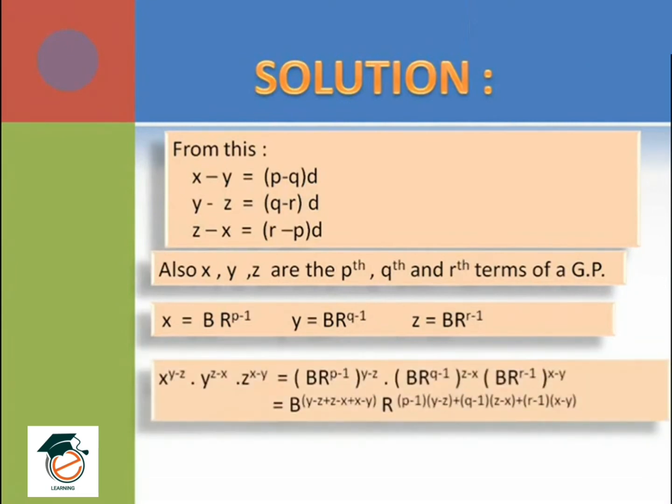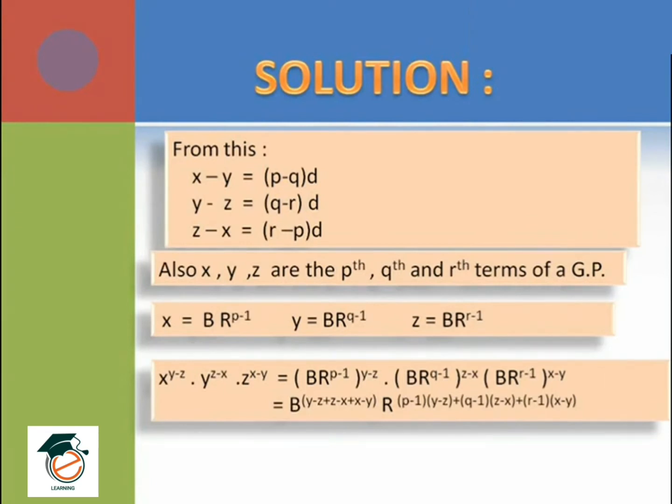Now x to the power of (y minus z) into y to the power of (z minus x) into z to the power of (x minus y) could be written as [b into r to the power of p minus 1] to the power of (y minus z) into [b into r to the power of q minus 1] to the power of (z minus x) into [b into r to the power of r minus 1] to the power of (x minus y). We have simply substituted the value of x, y and z in this expression.